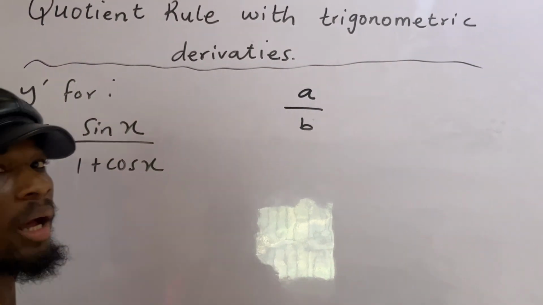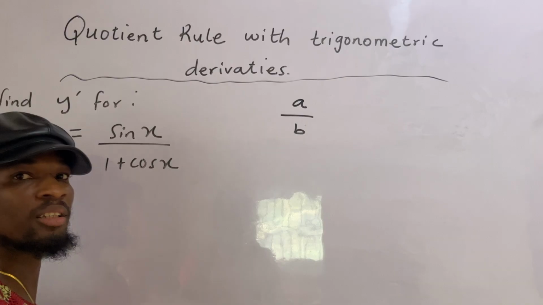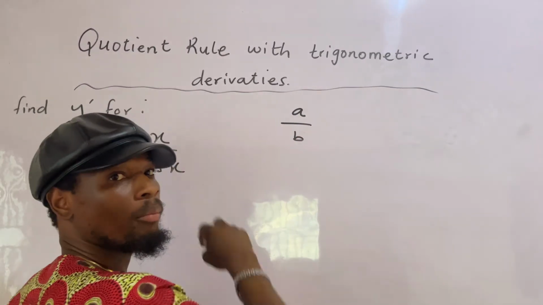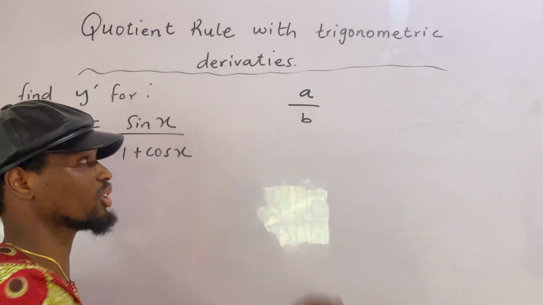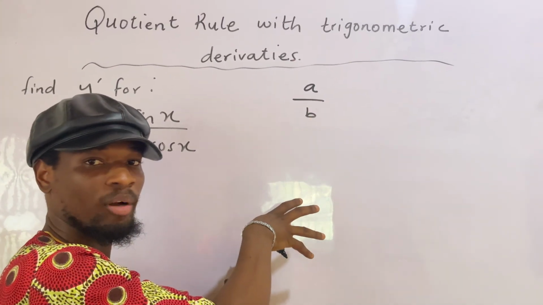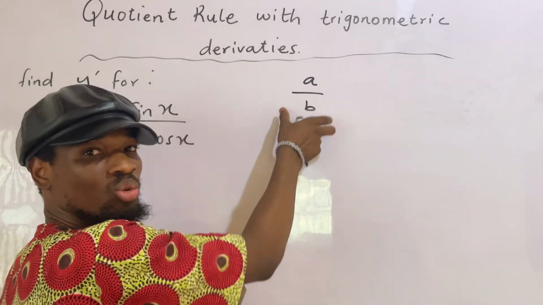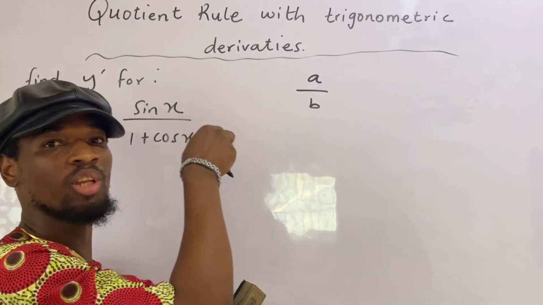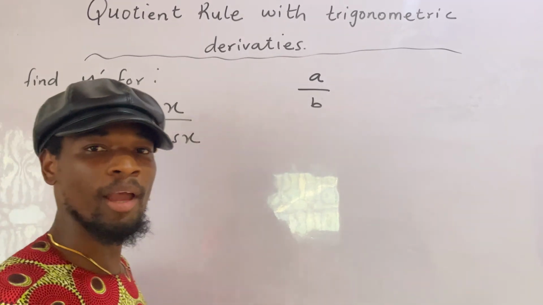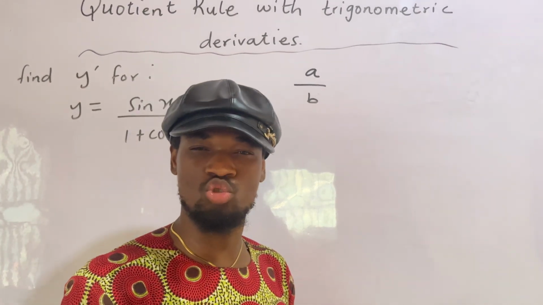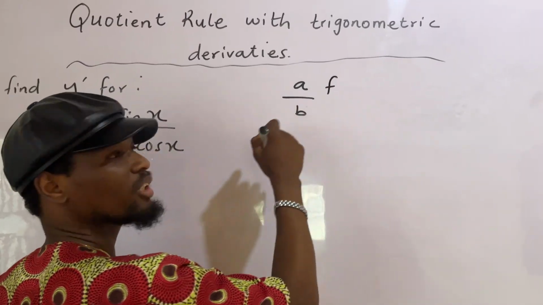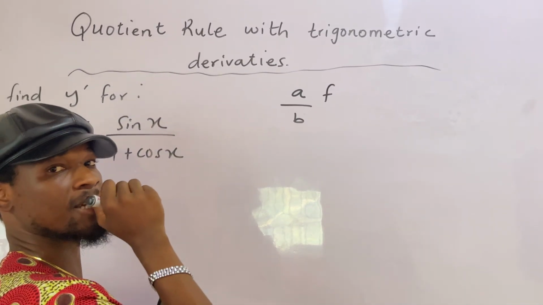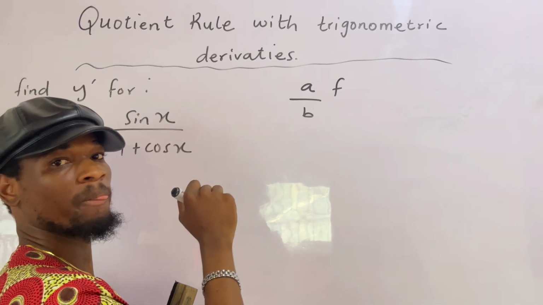Whenever you have a function in a rational form, a over b such that b is not equal to 0, that's the rational function I'm talking about. So we have a fraction this way and you are told to differentiate, you quickly employ the quotient rule. It's just like the product rule.